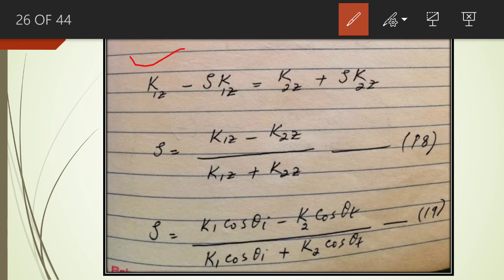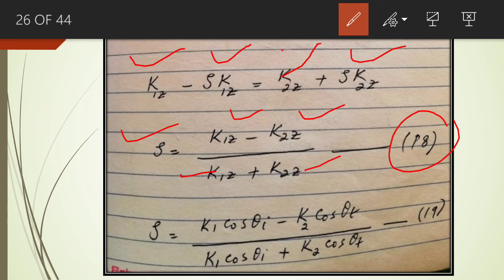So we have K1z minus rho K1z. We put the value of tau on the right hand side. So we get K1z plus rho K1z, and we simplify this equation for rho. So the reflection coefficient can be calculated with the help of equation number 18. The reflection coefficient will be equal to K1z minus K2z over K1z plus K2z.